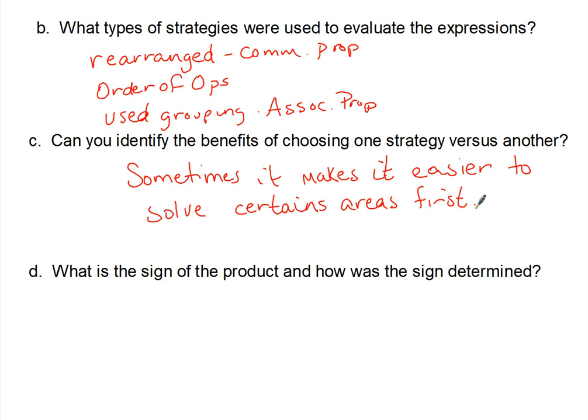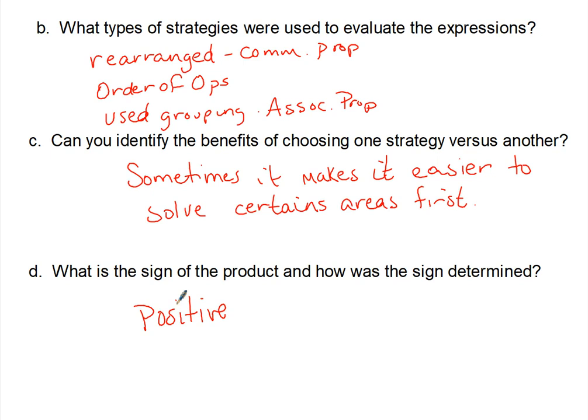What is the sign of the product and how was the sign determined? Well, what was our answer? The sign of the product was positive, right? But how do we know what it was? Good.